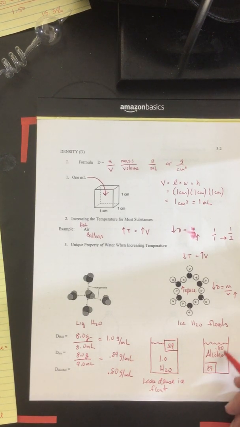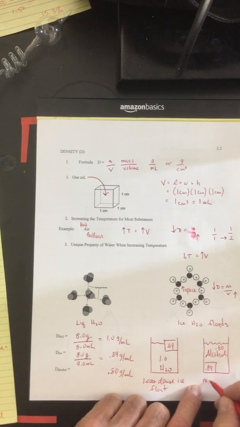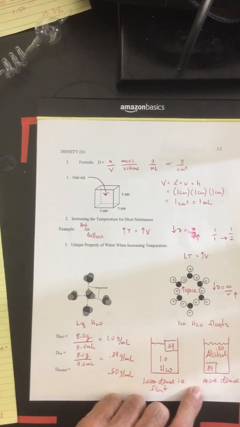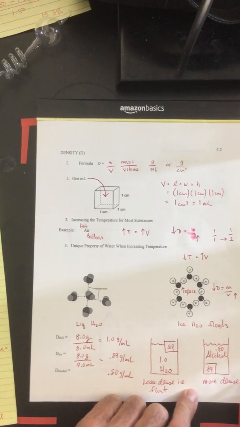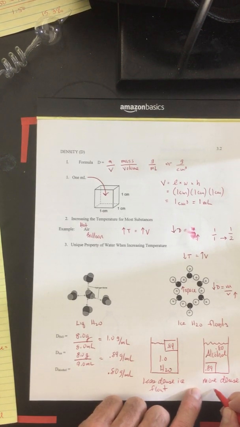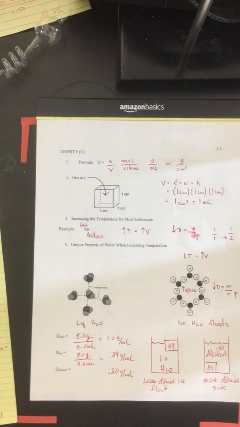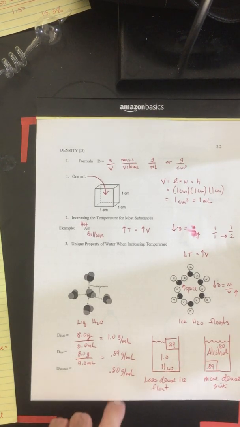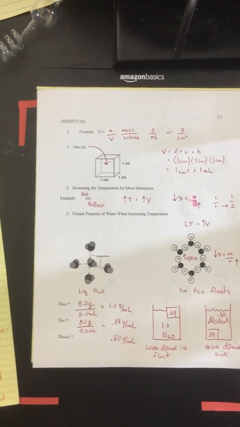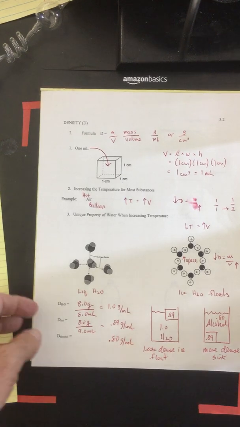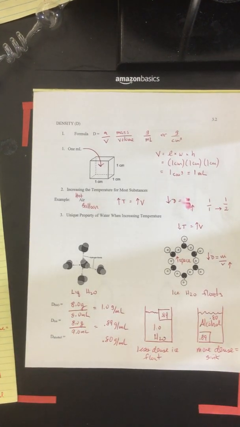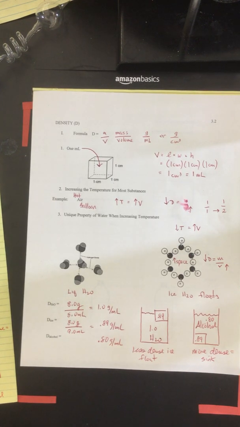The number mathematically is higher compared to this. It therefore has a higher density, and therefore it is going to sink. So because the ice is more dense than the surrounding alcohol, more dense means it's going to sink. So that explains why the ice sunk in the alcohol. That's it for today.